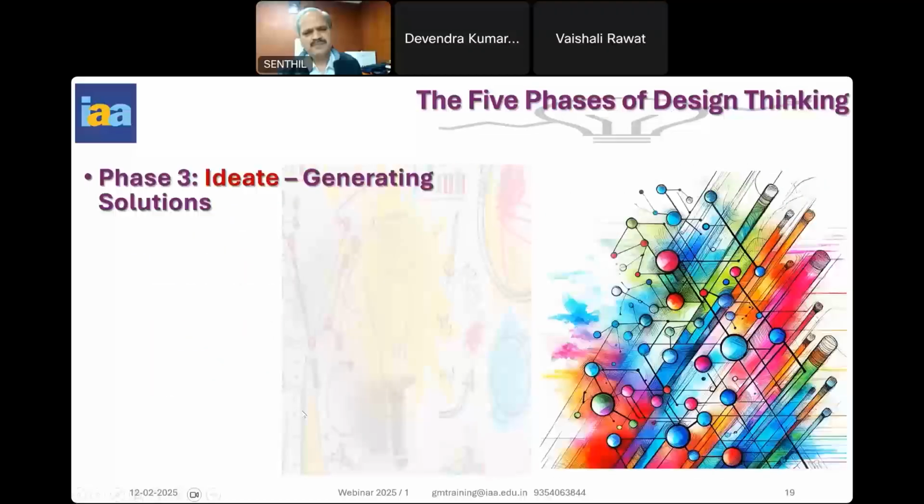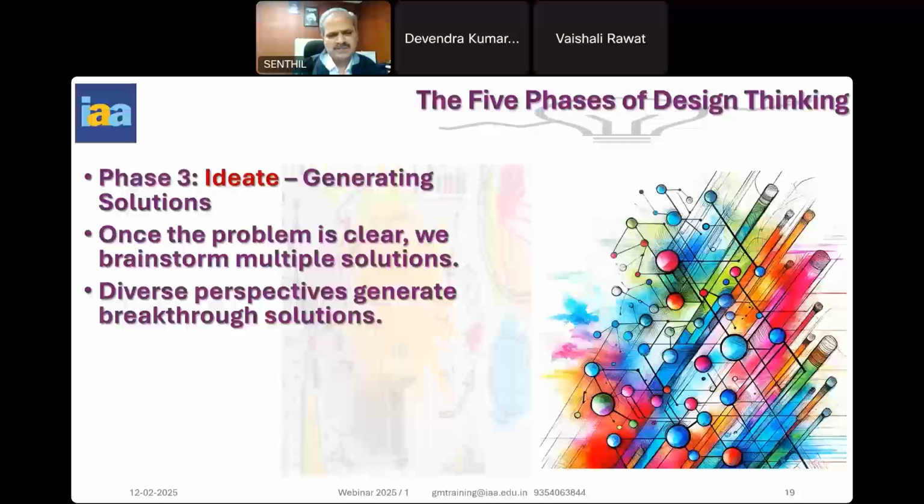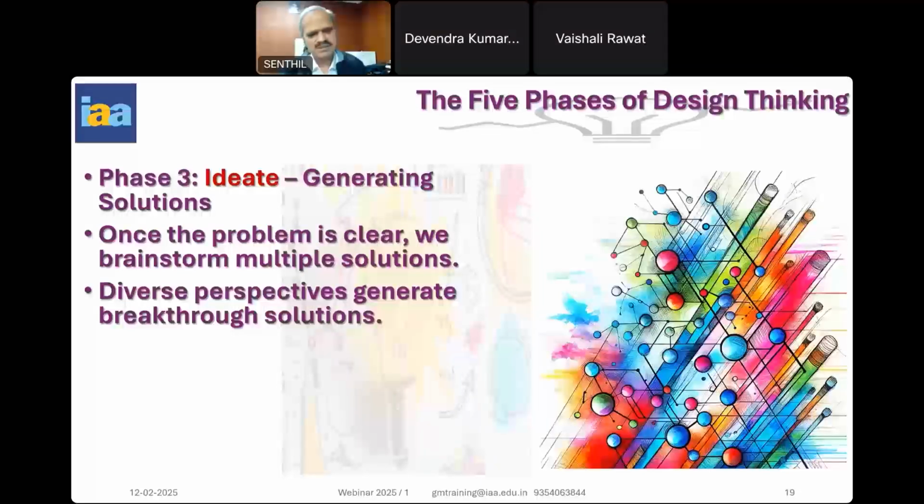So next, idea generation. Once the problem is clear, we must brainstorm multiple solutions. We need not restrict anybody. Whoever is party to the particular system or the process, we should involve them so that we will get multiple suggestions and solutions.